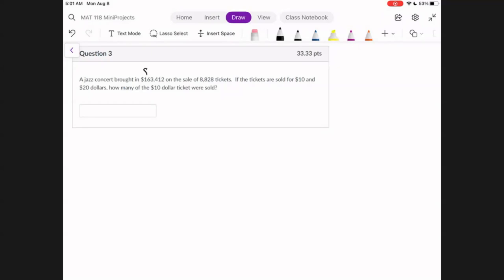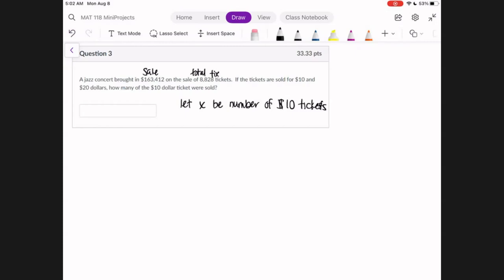you want to think this was how much the sale, and this is the total tickets, right? So we're going to say that let x be the number of $10 tickets.